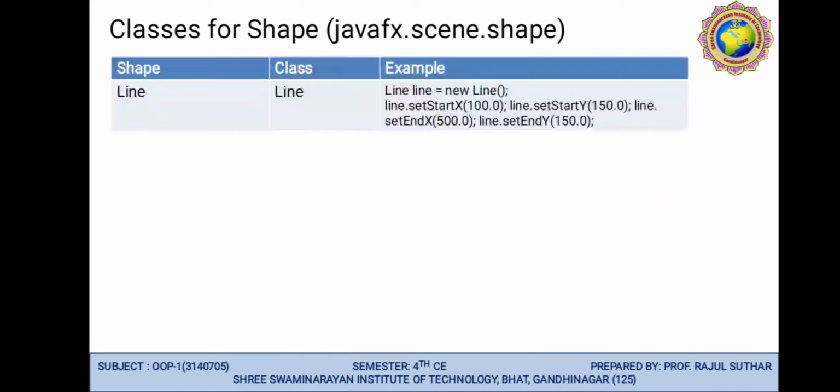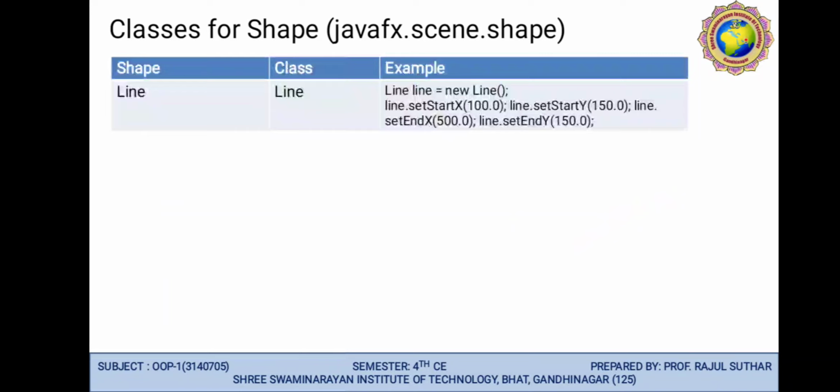You create a Line object, line equals new Line. Line set start x means the line starts from the first point, 100, and line set start y; here we have to set the x and y coordinates, 100 and 150, so it becomes one line.